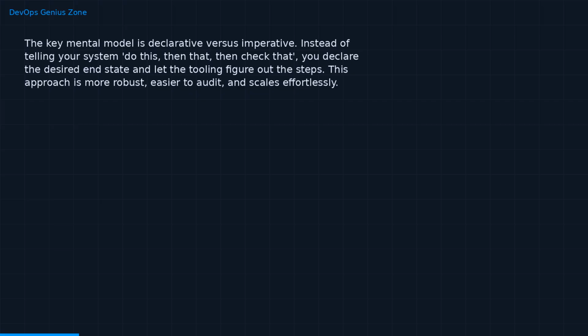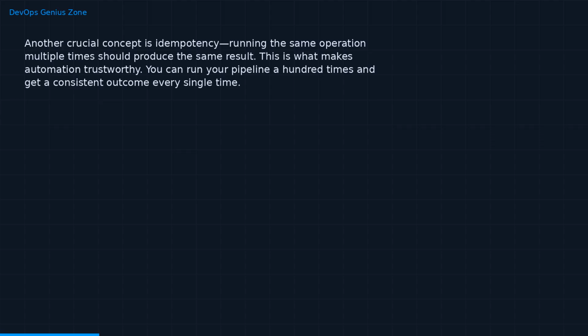Companies are actively searching for people who can implement this correctly, and salaries reflect that. In a recent survey, DevOps roles requiring this expertise paid 15 to 20% more than generalist positions. If you're not already comfortable with this, now is the time to invest in learning it deeply.